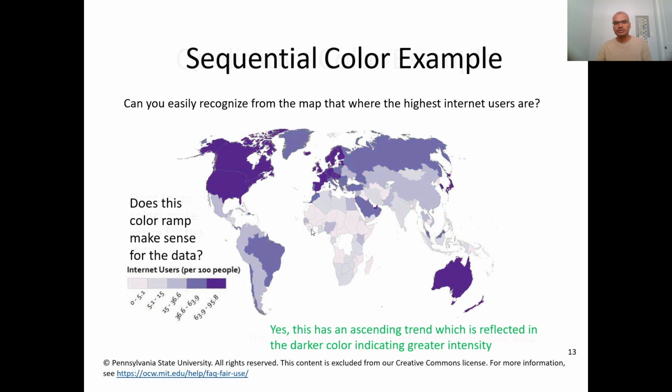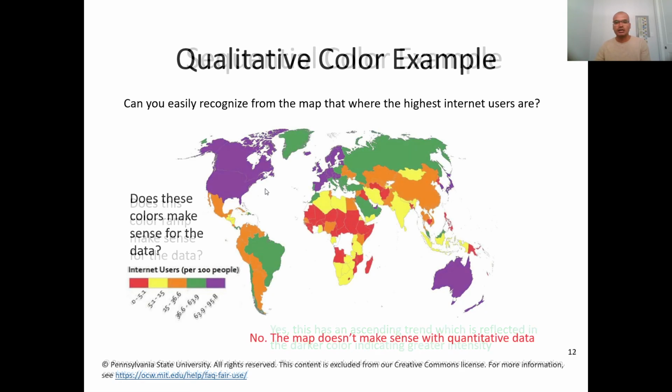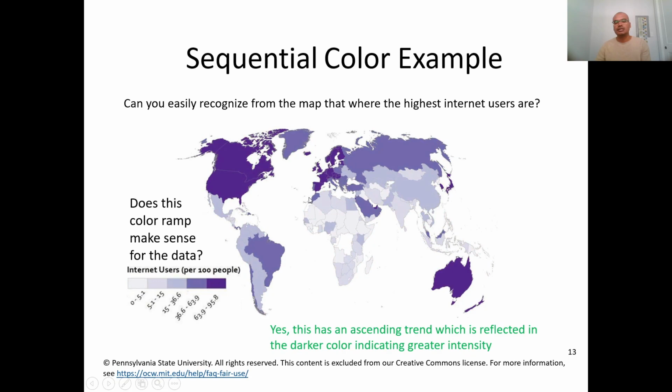But if we use the same data in a sequential color approach, you can easily understand which part of the world has the highest internet users. So this is more powerful than the discrete approach because the data is continuous.